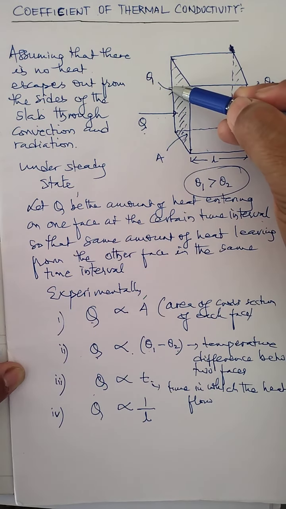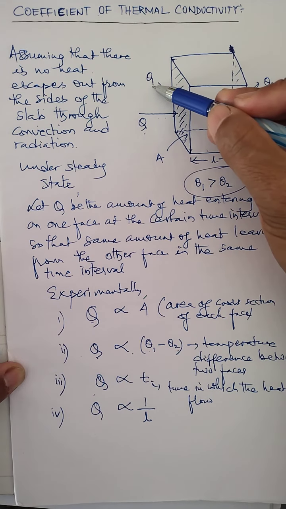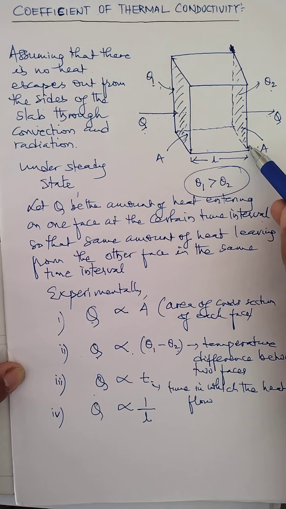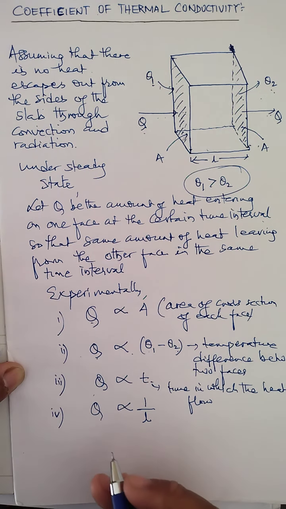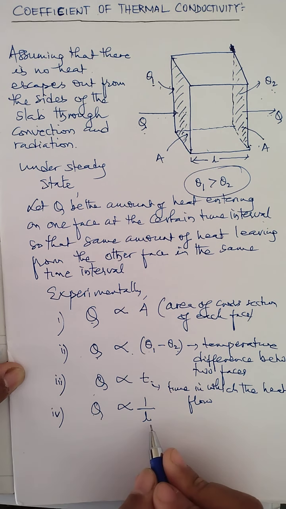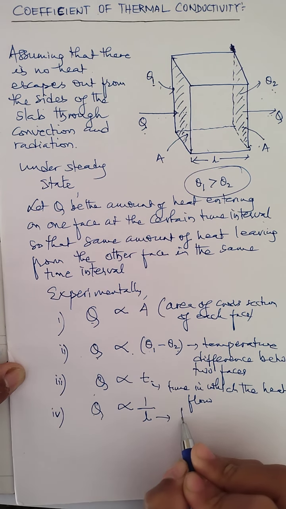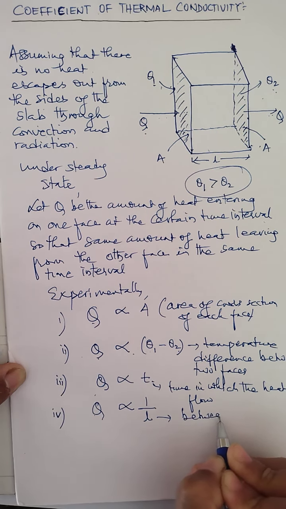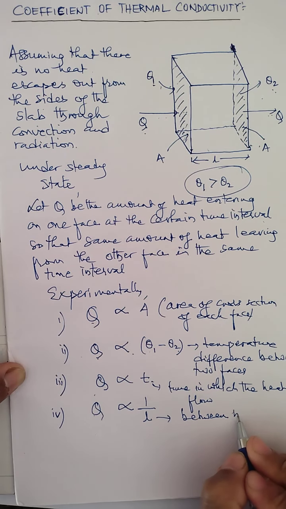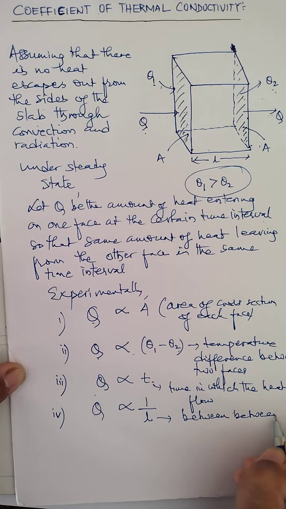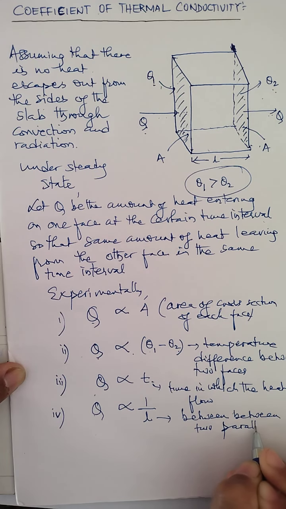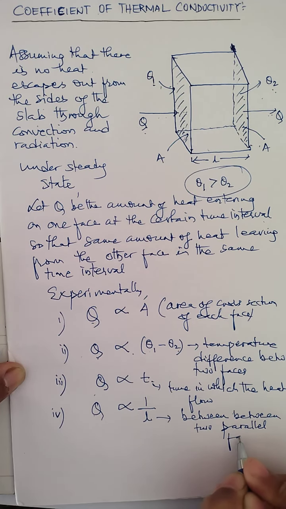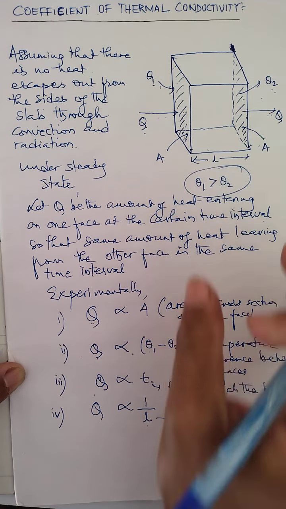Definitely this phase has temperature θ1 and this is the hot phase, and this phase has low temperature θ2 and this is the cold phase. So Q is inversely proportional to L. So this L is also called the distance between two parallel phases, or this distance is also the length of the slab.